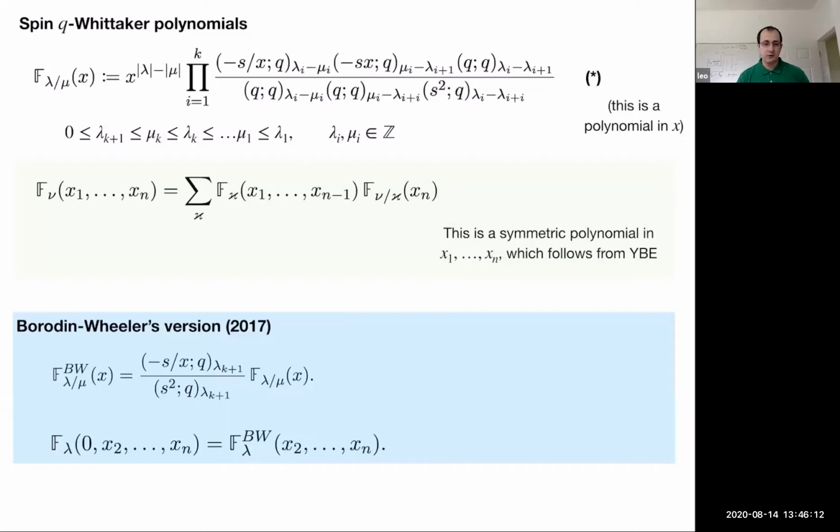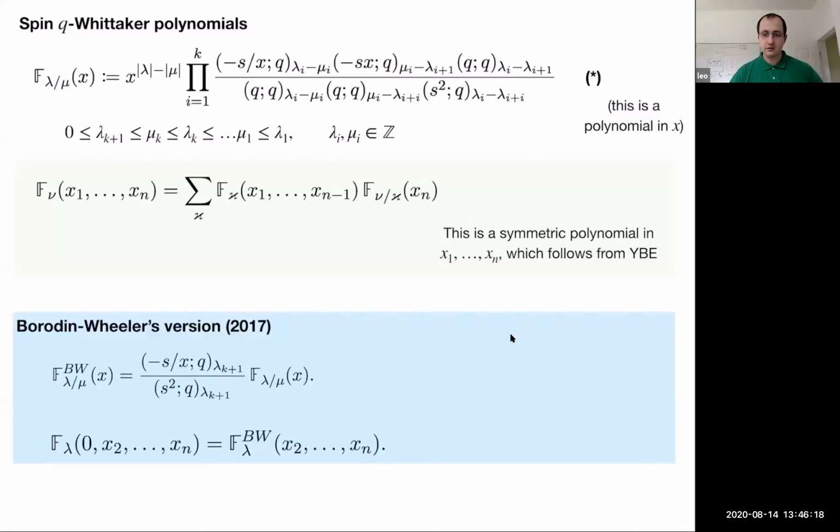And it turns out that, sorry, do you see everything fine? Was it blinking? A blue square with Borodin-Wheeler's version and two formulas in it. Yep. Okay. Right, it was blinking, so I don't like it, but okay. Anyway, it turns out that our functions actually reduce to Borodin-Wheeler by just setting one of the variables to 0.